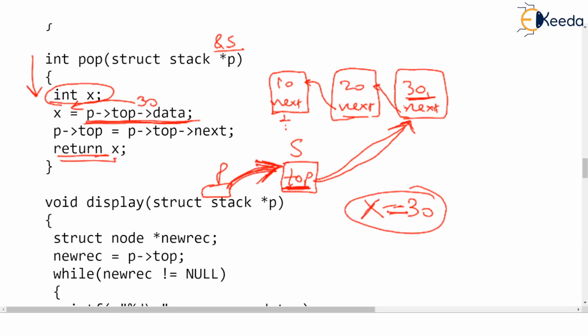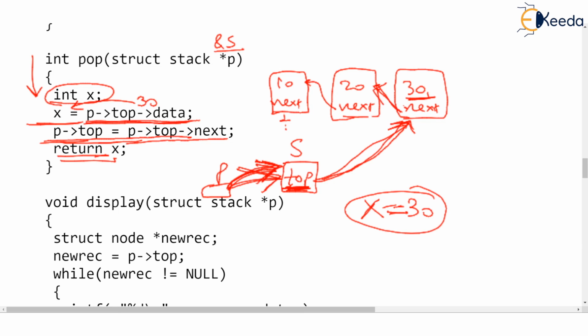But after making x equal to 30, the next line is very important. p arrow top equal to p arrow top arrow next. Just check this line. That means p arrow top should point wherever p arrow top arrow next points. But p arrow top arrow next points to 20.